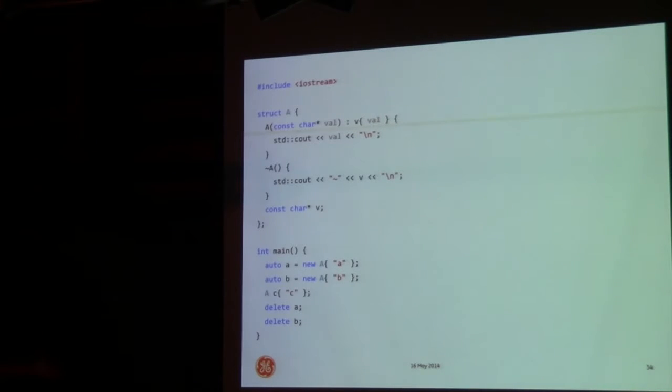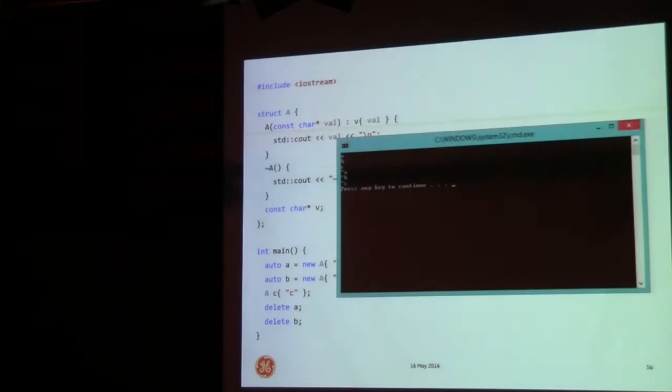Now, when you get to dynamic storage duration, you have the new, you have the delete. The constructors get called at new, they get called at delete, rather than top to bottom, bottom to top.